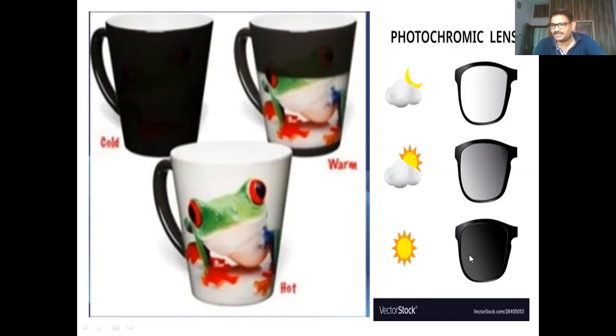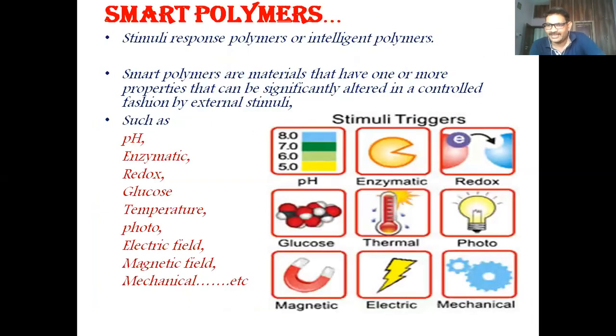So it completely becomes a gray color or a black color. So the change in color of the glass is influenced by the light. So here is the temperature, here is the light. So some materials can be influenced by the external stimuli and give new properties.